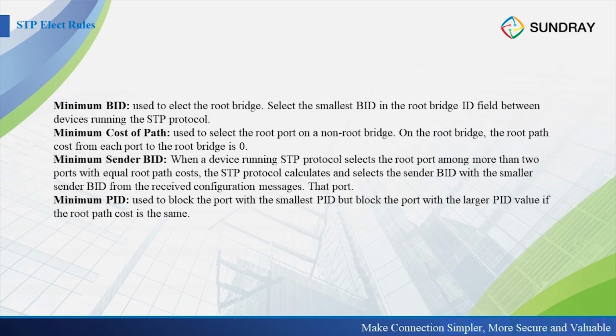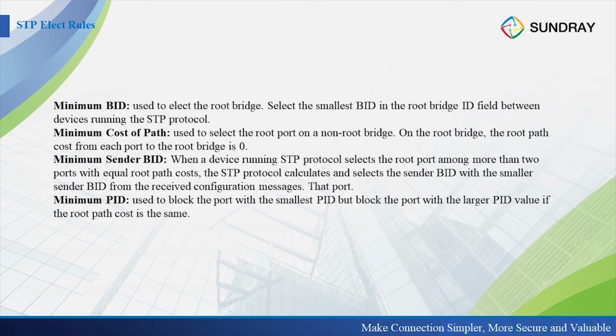Okay, for the STP election rules, the minimum BID is used to elect the root bridge. The minimum root path cost is used to select the root ports on a non-root bridge.